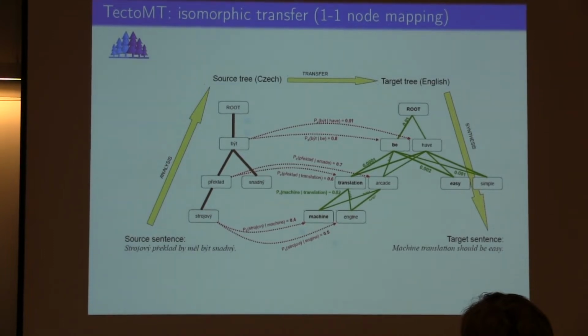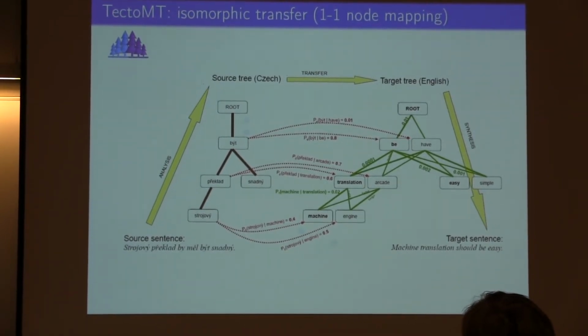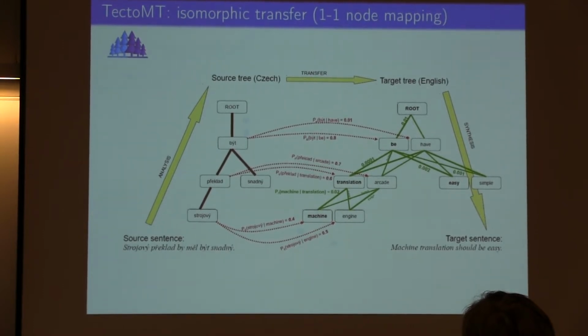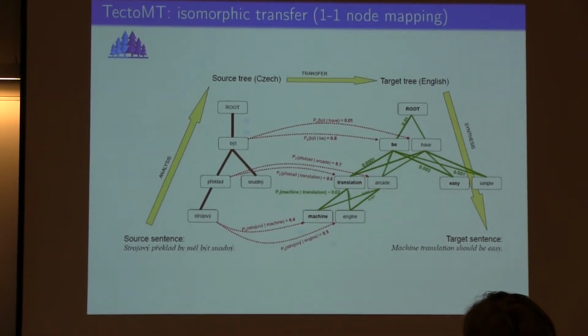Even in related languages, there are cases where it's not one-to-one. But most of those cases are caused by functional words or some other phenomena which disappear or are abstracted on the tectogrammatical layer. So this is the primary motivation for the tectogrammatical layer.